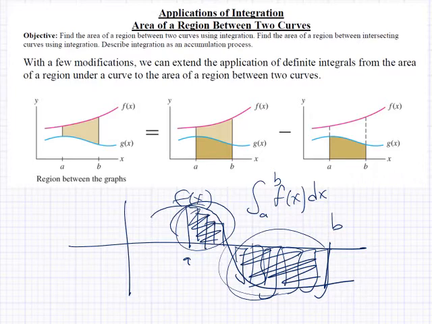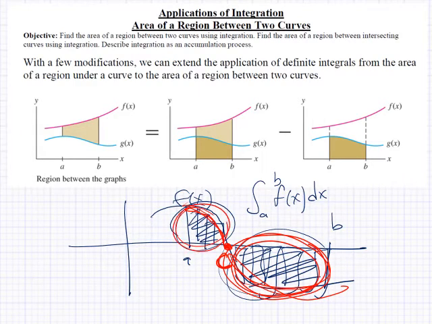So what we had to do is we had to figure out, where is this location? We call it c. Where does it switch from above the x-axis to below the x-axis? And once we find that spot, we can then take this piece and correct it, and then add it onto this piece.